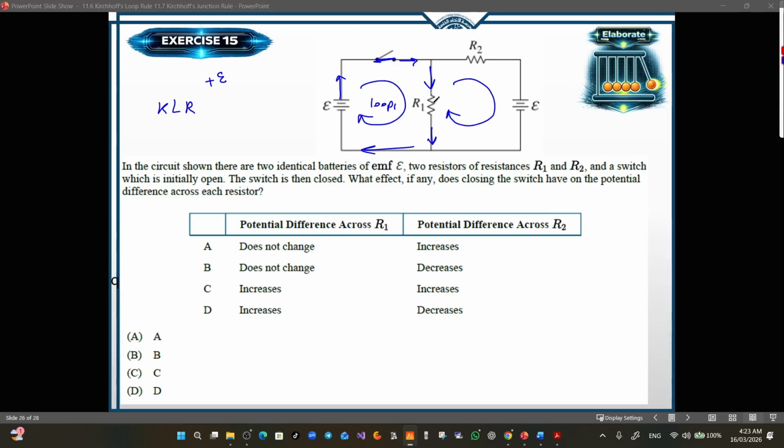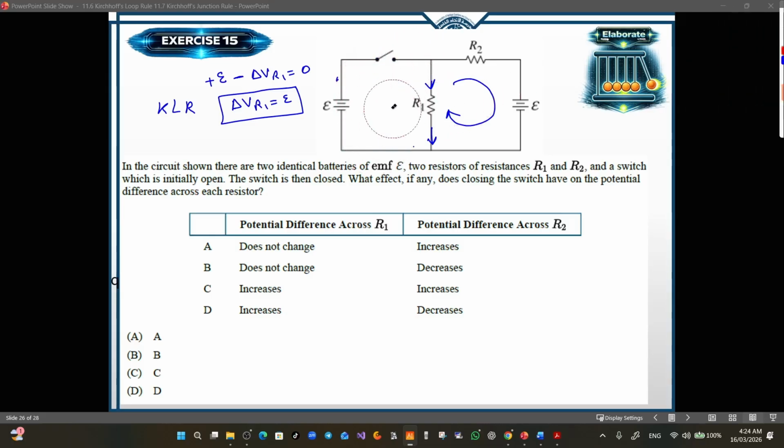Since the direction of my loop and the direction of the current is the same, we use minus delta VR1. No need to write it in terms of Ohm's law because I'm trying to evaluate the delta VR, which is equal to 0. So the delta VR1 is equal to E. Now we're going to use this fact to evaluate the circuit on the right-hand side.